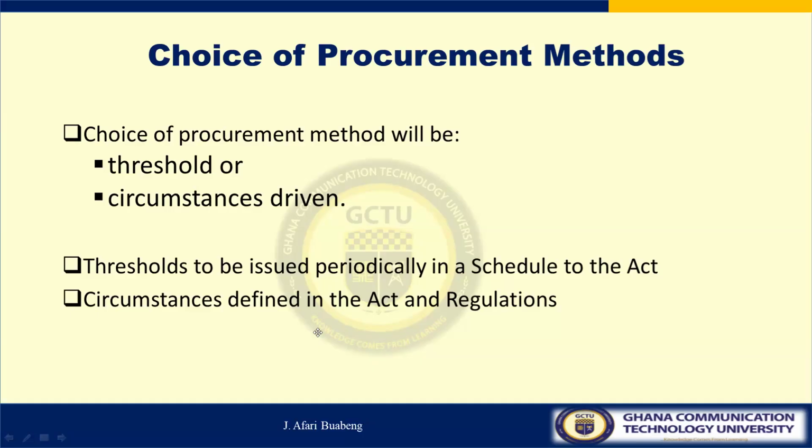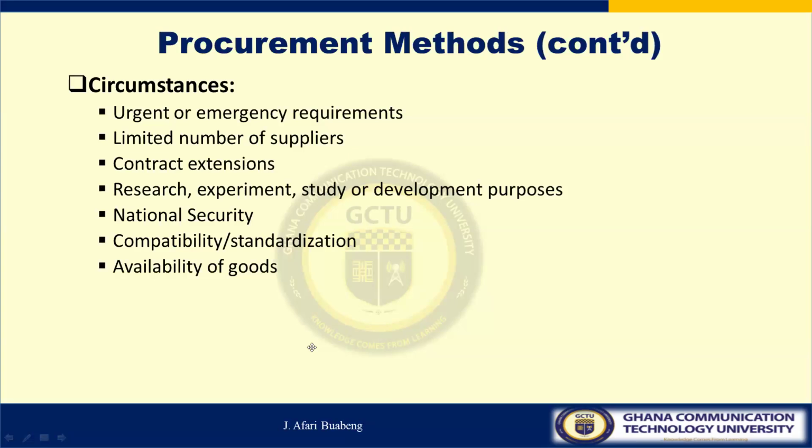So that is that. So the threshold is the fair determinant. In fact, it is the major determinant of a procurement method. But as I mentioned, sometimes there could be some circumstances, and then the law allows the entity to use any of the methods.